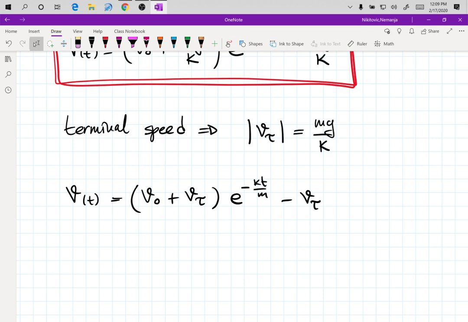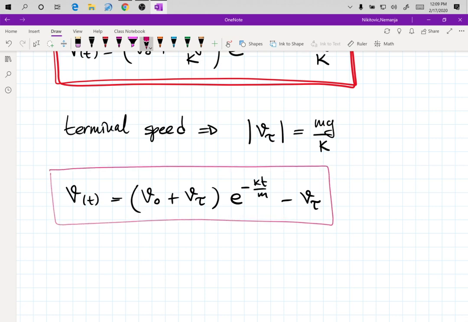And are we done? We could be done, but this is a velocity equation. What else could we do? We can do it one more time and figure out the position, the height. 10,000 feet, 9,000 feet, 8,000 feet, 7,000 feet. We can figure out the height because what is our velocity? It's change of position divided by time.